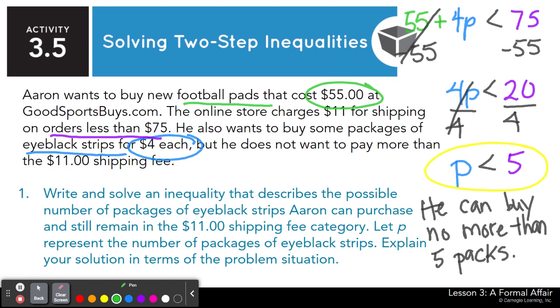It stayed a less than sign all the way to the end, where I got P is less than 5, meaning he can buy no more than 5 packs. The number of packs that he buys has to be less than 5 in order to stay under that $11 shipping fee. Take about 30 seconds and get this work down if you don't have it. Pause here if needed.